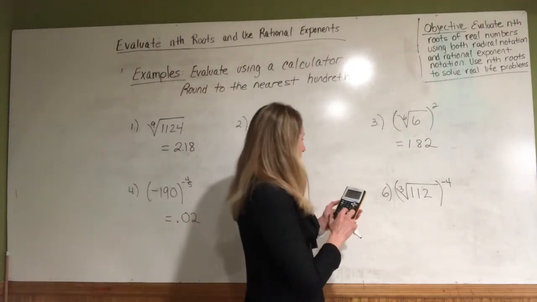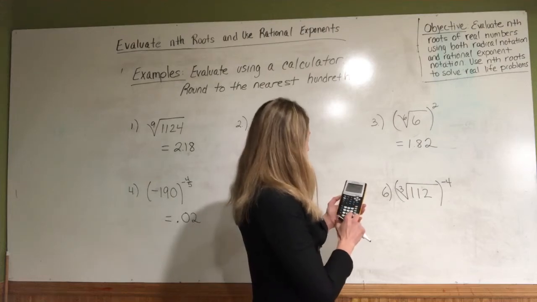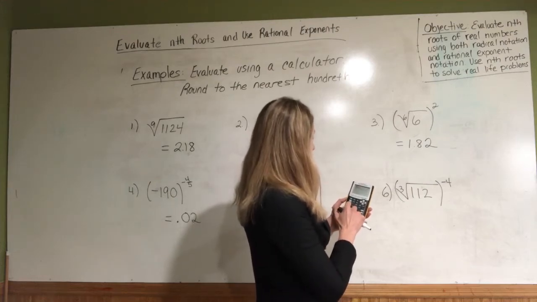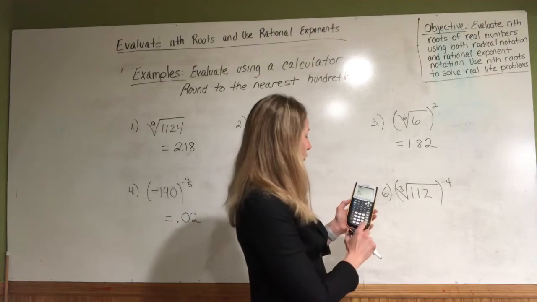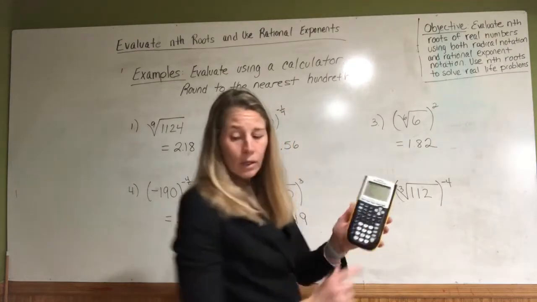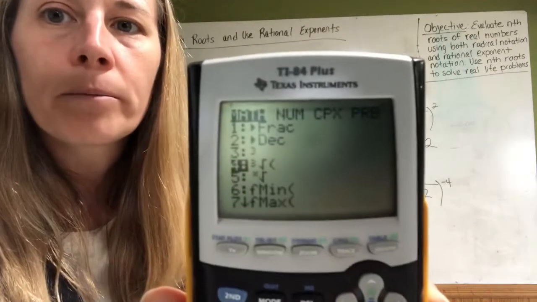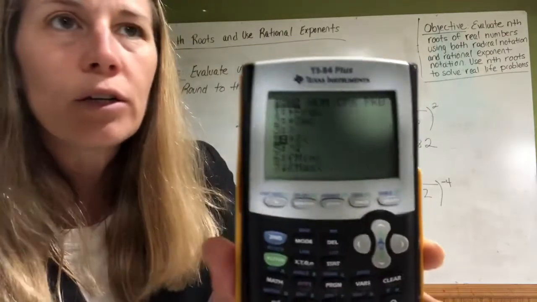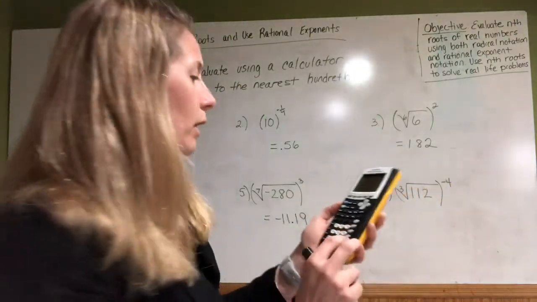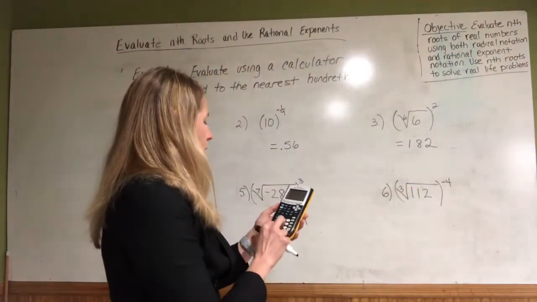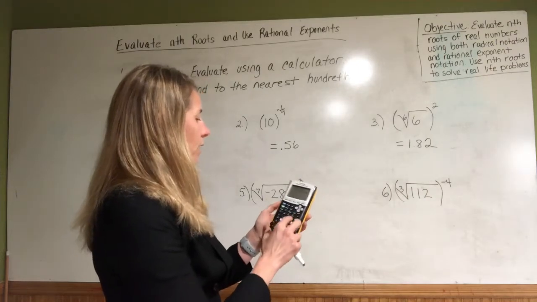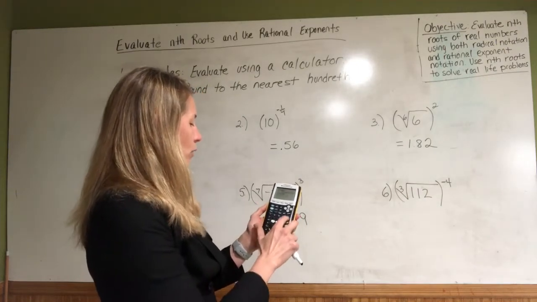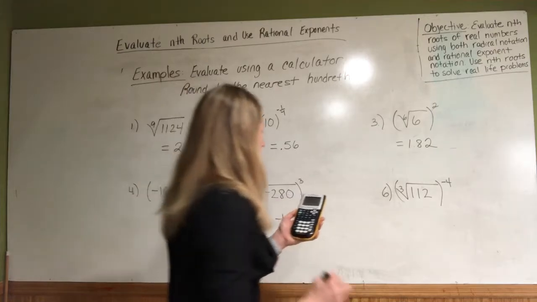And then the third one, I'm going to do my parentheses. Then on the math menu, there's actually a button for cubic roots, number 4 on my menu. You can see what it looks like right there. However, if you want to continue doing 3 and then the x root, it will work out the same either way. I'm putting in my 112, getting out of there, closing the parenthesis, and raising it to that -4.